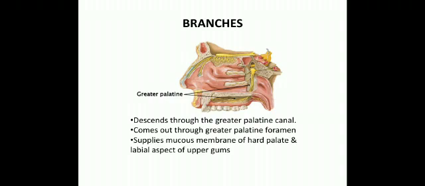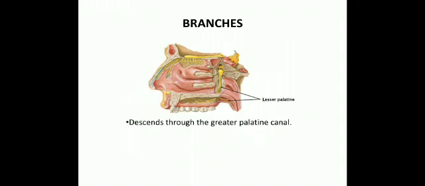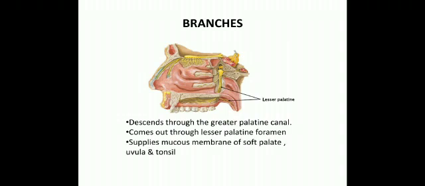It supplies the mucous membrane of the hard palate and the labial aspect of the upper gums. The lesser palatine branch descends through the greater palatine canal and comes out through the lesser palatine foramen. It supplies the mucous membrane of the soft palate, uvula and tonsil.